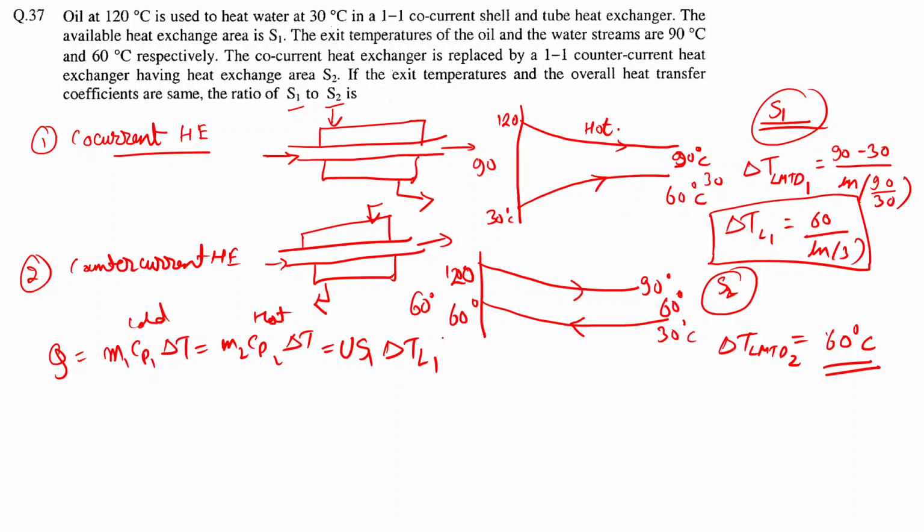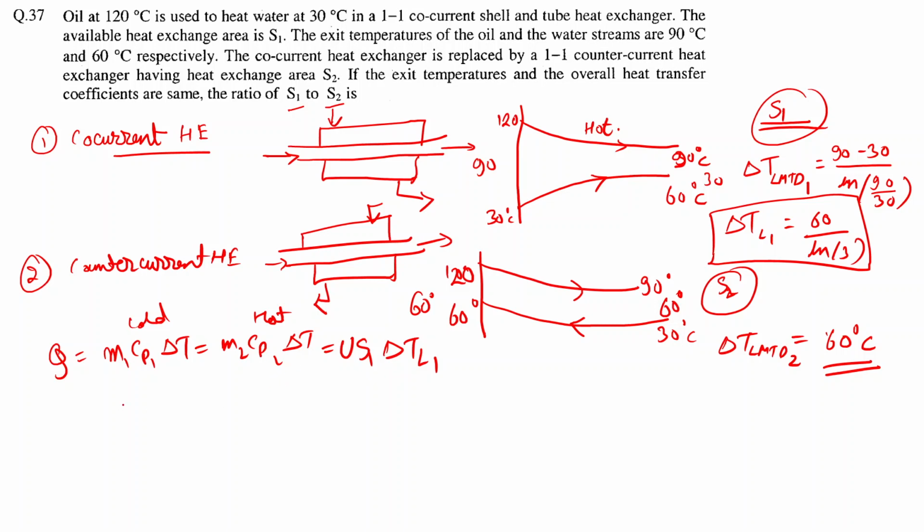Now for both of these cases, the cold fluid inlet and outlet as well as the hot fluid inlet and outlet temperature will remain the same. The other parameters such as the specific heat and the mass flow rate are also considered to be the same. So basically for both of these heat exchangers, the heat exchanged by either the hot fluid or cold fluid will remain the same for both the co-current as well as the counter current scheme.